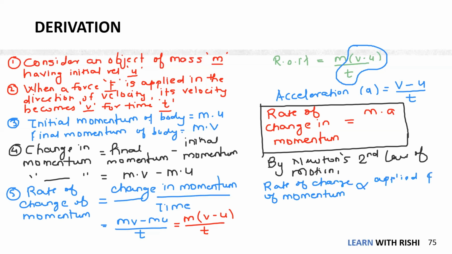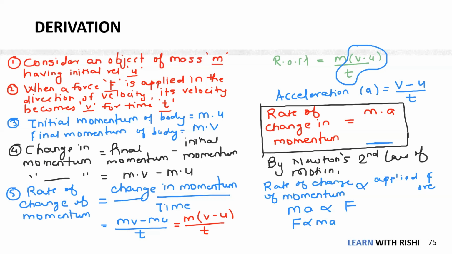Now what is the rate of change of momentum? It is equal to ma. So m into a is directly proportional to the applied force, that is F. So I can write F is directly proportional to ma, and when we have to replace the proportionality symbol, we put a constant.